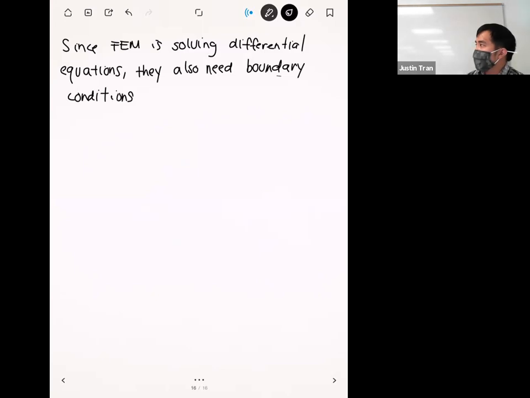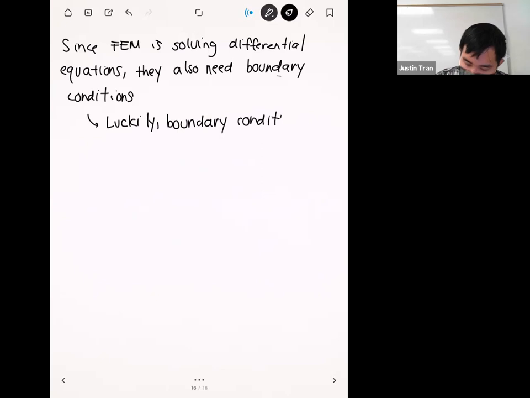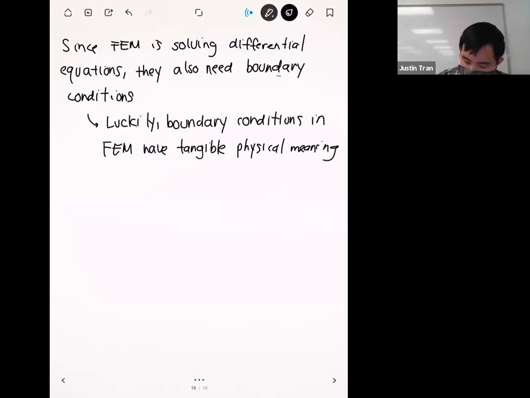The nice thing about applying boundary conditions in FEM is that oftentimes your boundary conditions are going to take some kind of physical form, or have some kind of physical intuition. Think about the boundary conditions you've applied in the last two activities.